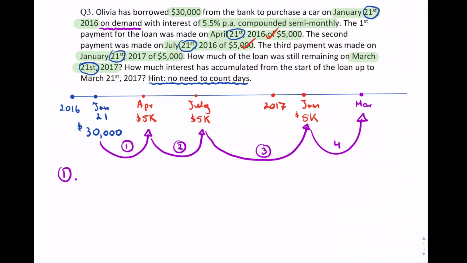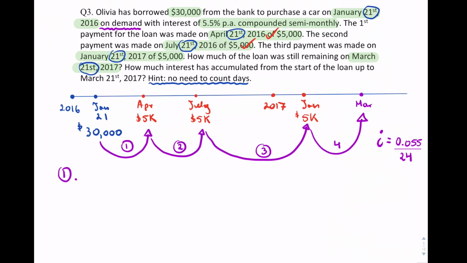It is compounding, and it's all the same, so I'm going to do it here on the side. I is equal to 0.055 divided by 24, because it's semi-monthly, so twice per month. So that won't change; I is always going to be the same.